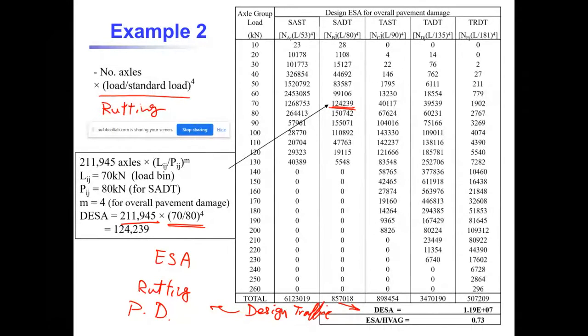And we generally calculate the damage index. Damage index is the value of the equivalent standard axle over the number of the axle group per heavy vehicle, right? Or heavy vehicle axle groups, or NDT.